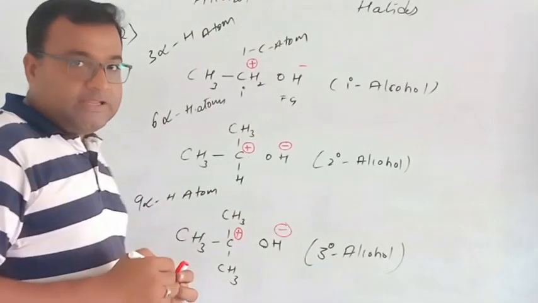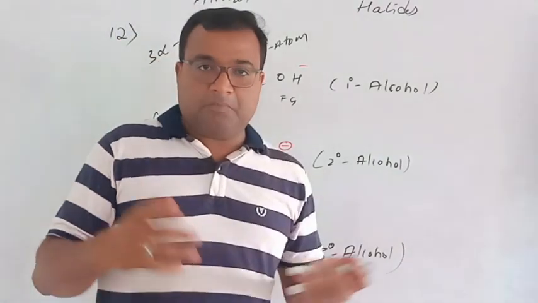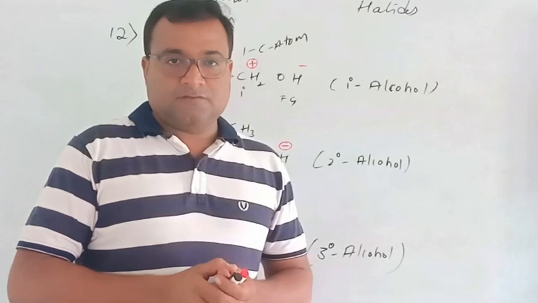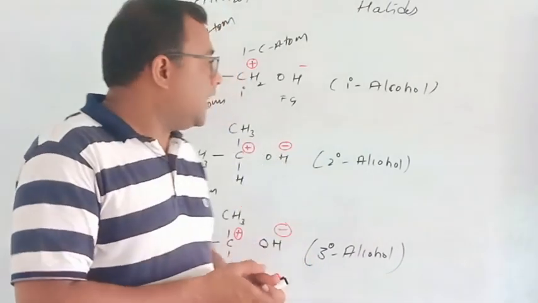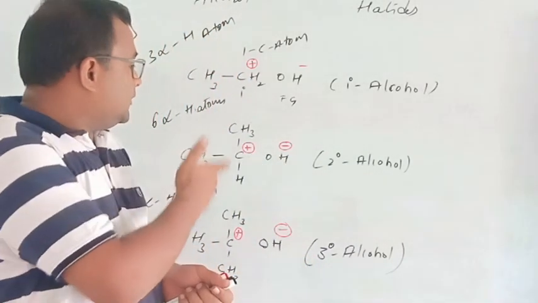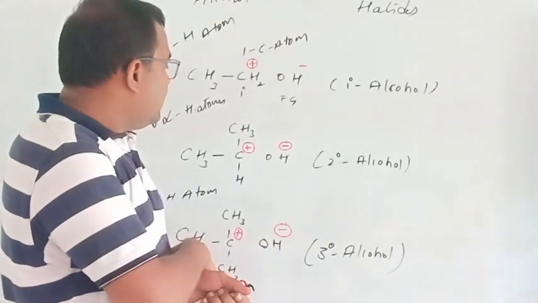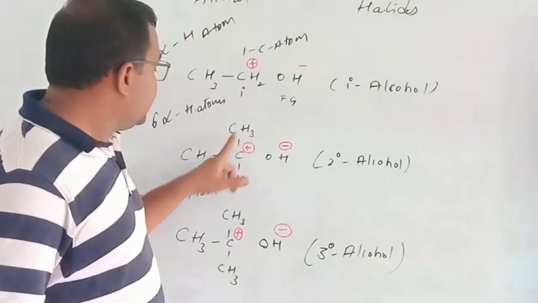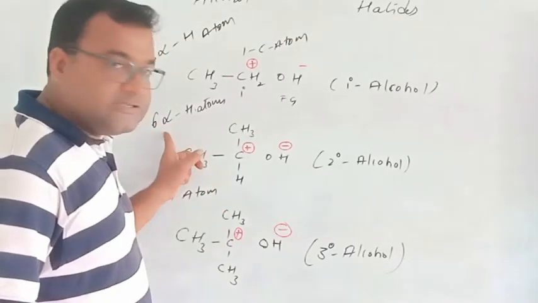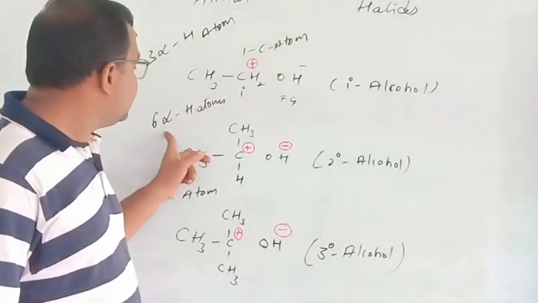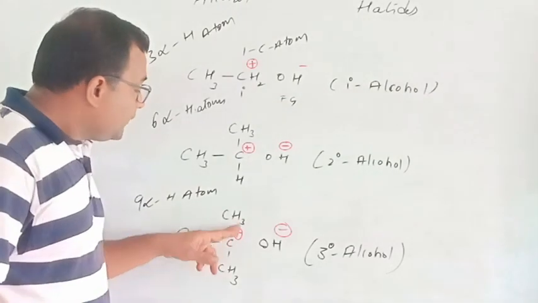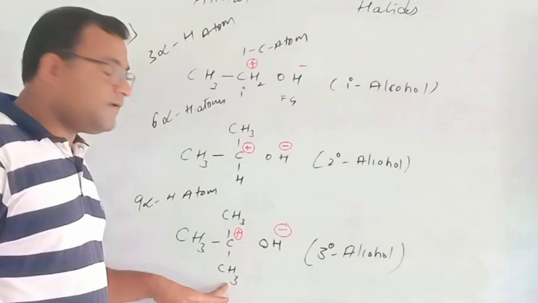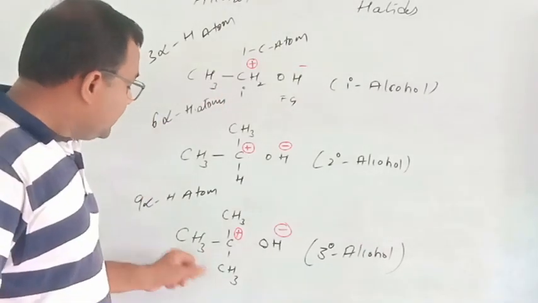So the stability of carbocation depends on the number of hyperconjugates. Hyperconjugates are hydrogens connected to the next carbon, generally called alpha hydrogen atoms. So according to all, this is more stable.